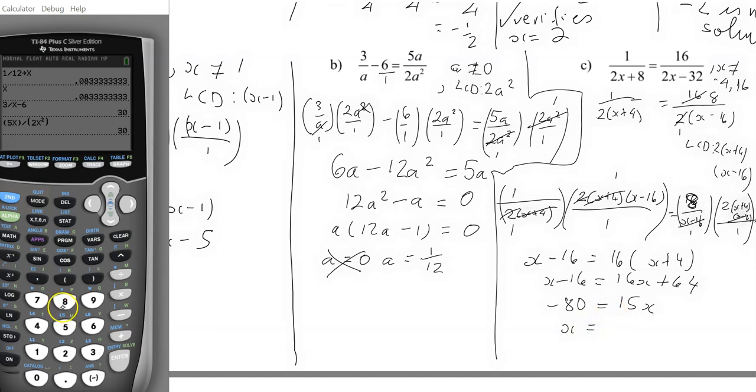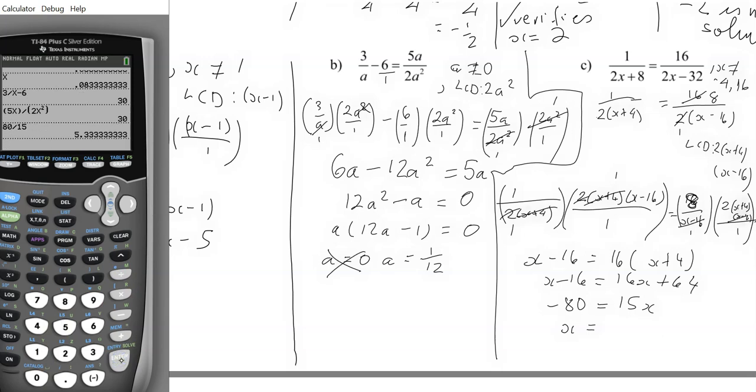So x is going to be, let's see, 80 divided by 15. Okay, so 80 divided by 15, math, enter, enter. Okay, we're going to want our answer as a fraction, and that is 16 over 3. So, negative 80 over 15, so x is negative 16 over 3.